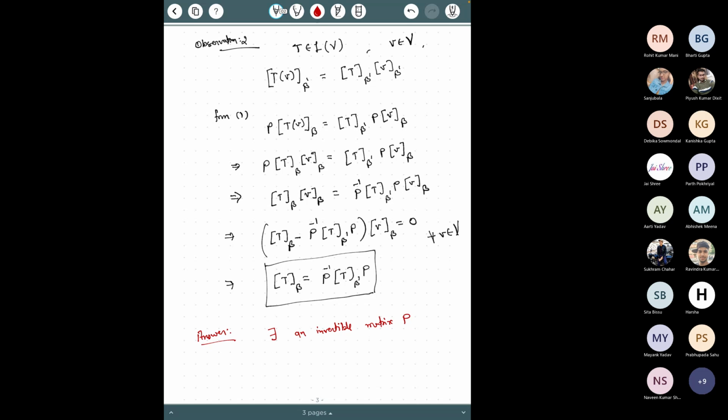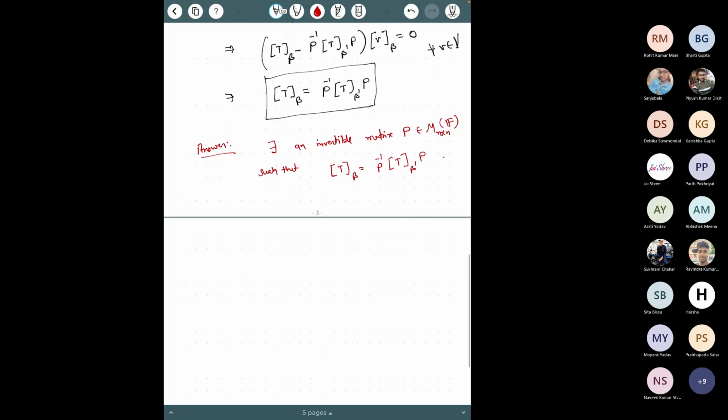You obtain it by writing one basis in terms of another basis. So there exists an invertible matrix P of size n cross n such that the matrix of T with respect to B is similar to the matrix of T with respect to B dash via this matrix P. This is the answer. So these two matrices are similar.